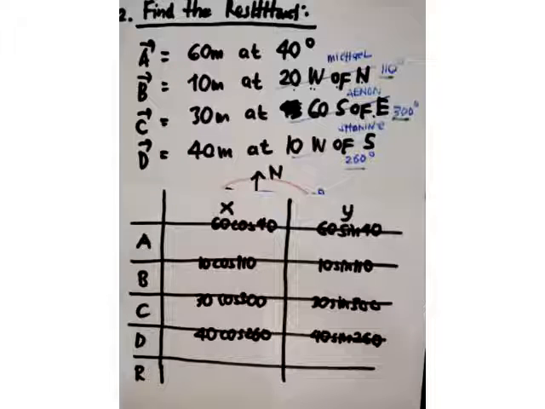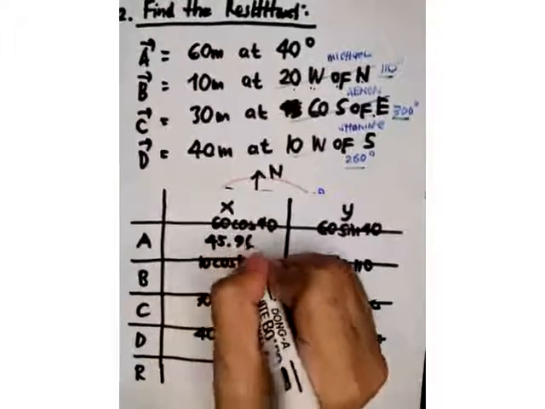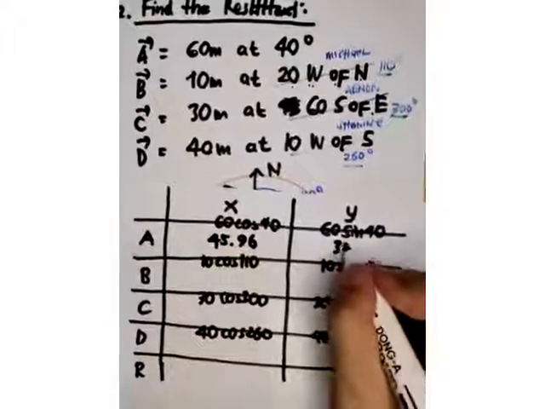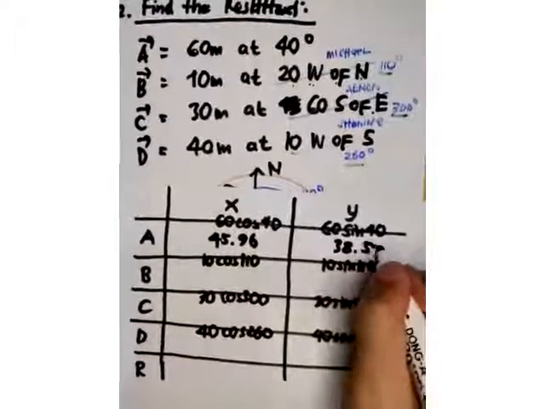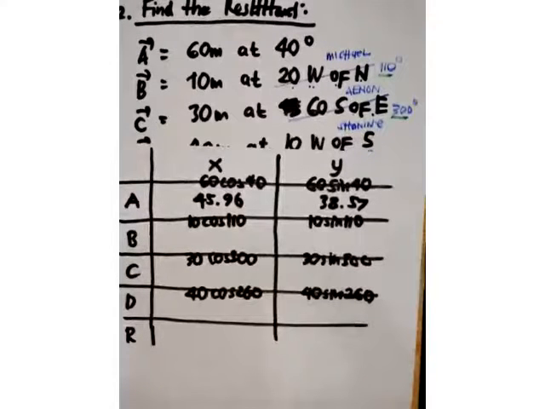So, yung sa akin ay 45.96 and 38.57. Okay, so Michael, how about yours? And then Anon, yours. And then Shanine, yours.